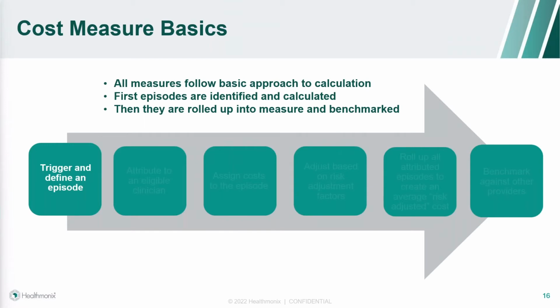Okay, Mike. So now we're going to get into a deeper understanding of these measures. Mike gave you an overview of all the different measures that are currently included in cost, and the fact that this set of measures is going to continue to grow. CMS's goal, especially now that we're working on MVPs, is that every provider in the MIPS program or the MVP program, which is a subset of MIPS, will be accountable for some cost measure.